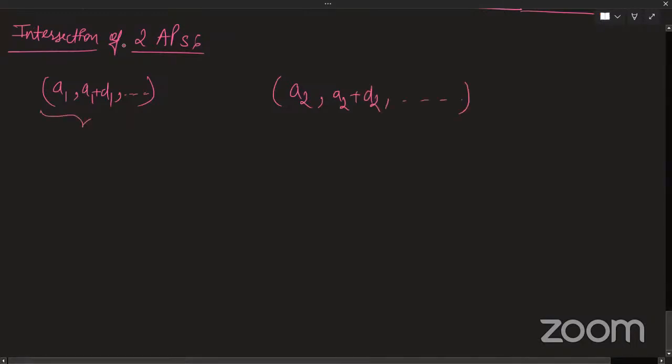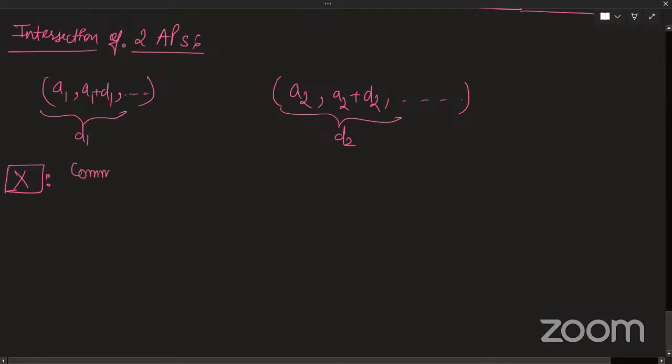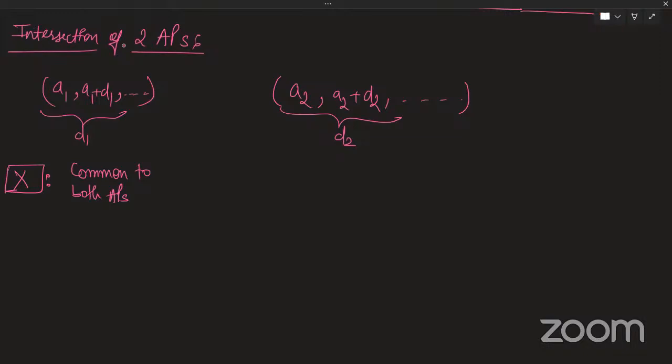So its common difference is D1, and the other's common difference is D2, right? I know a term X that is common to both of these APs. I want to know the intersection of the two APs, like what the next common terms will be.